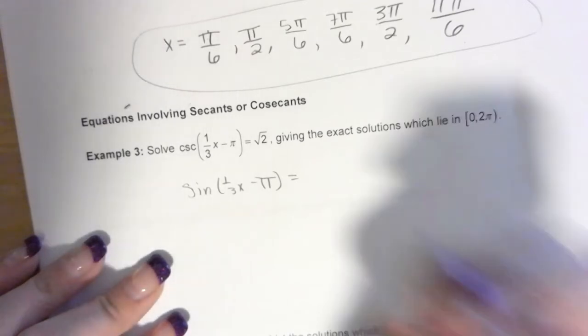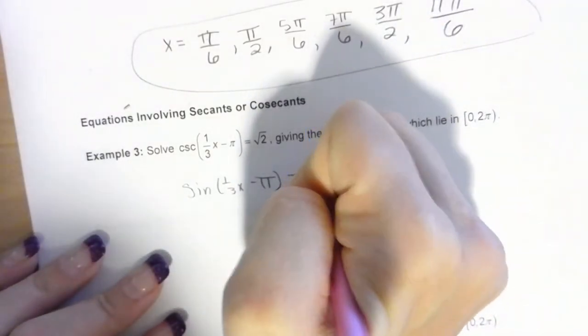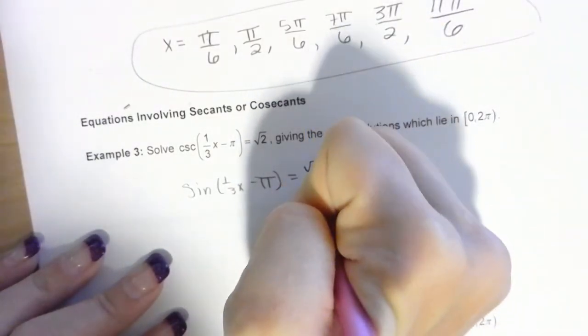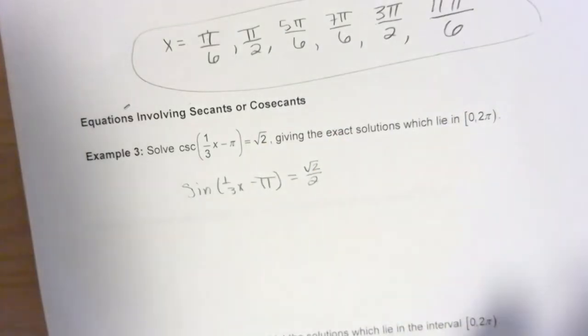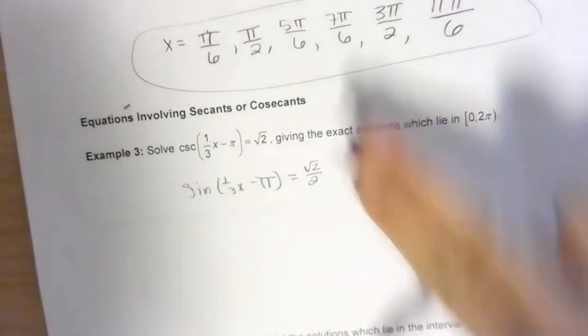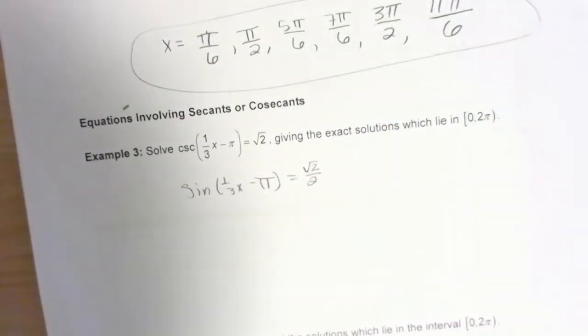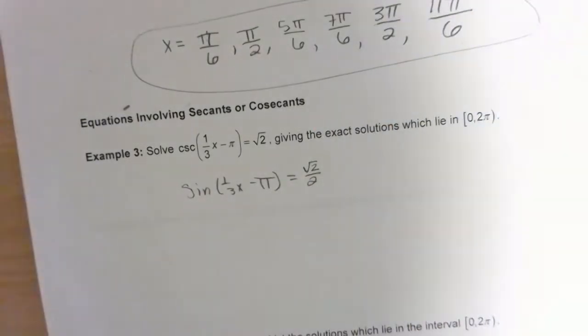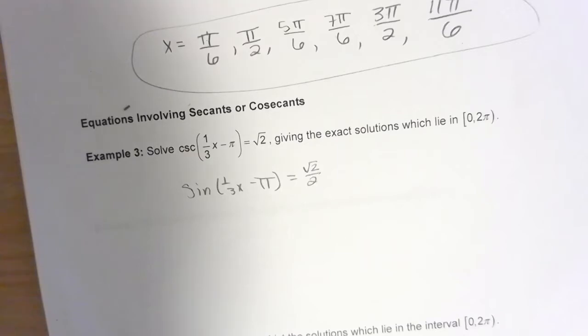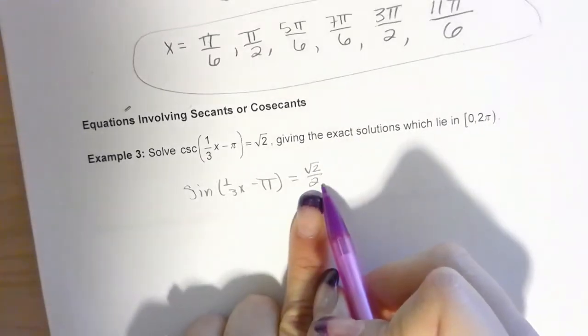Let's think of it as the simplified form, which would be square root of 2 over 2. If you did the reciprocal there, you would get 1 over the square root of 2, but we can get rid of that square root in the denominator.